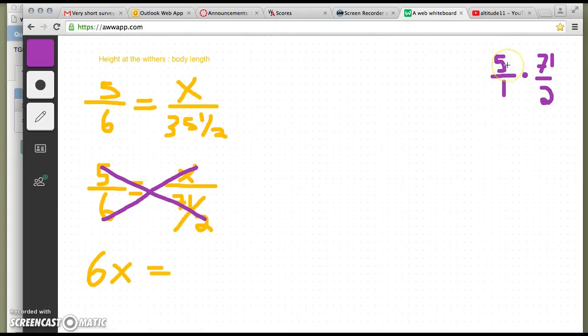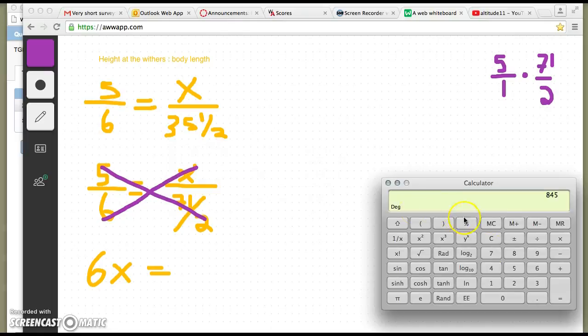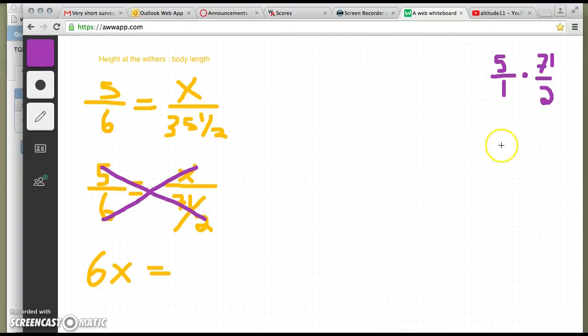Numerator times numerator, 5 times 71 is 355, all divided by denominator times denominator. 1 times 2 is 2. So 355 all over 2.